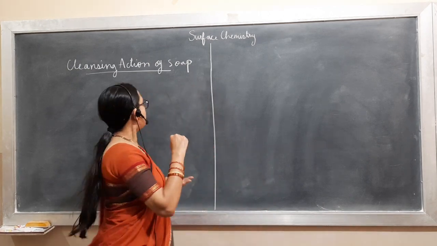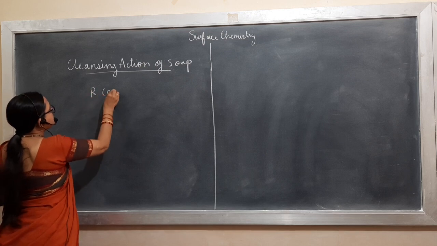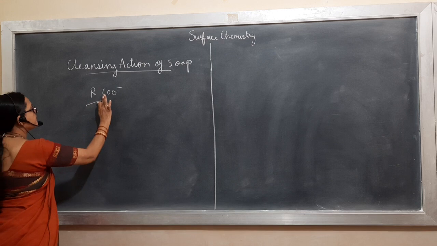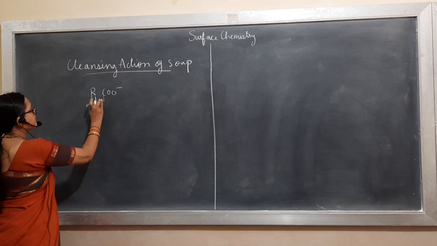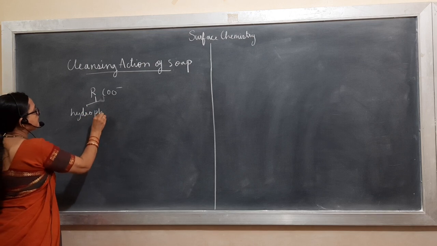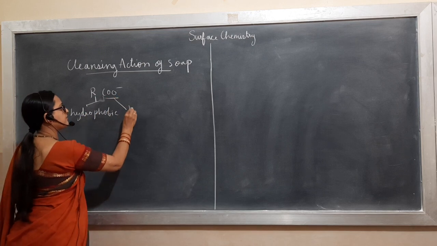So your two parts are there in this RCOO minus. One is hydrophobic and the other one is hydrophilic.